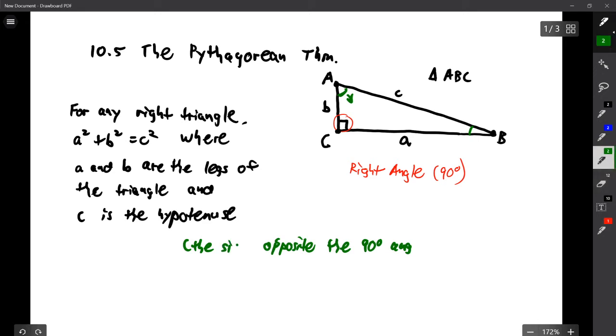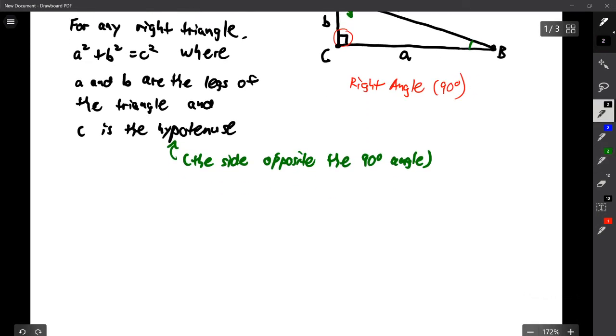The side, hypotenuse is the side opposite the 90-degree angle. And that's what the hypotenuse is. Okay, so we have this a squared plus b squared equals c squared that we're able to use to figure out the length of an unknown side of the triangle, provided that we know the length of two of the other sides of the triangle.